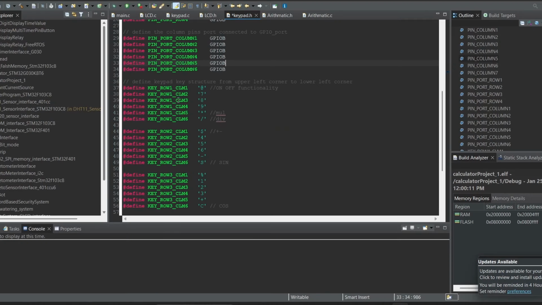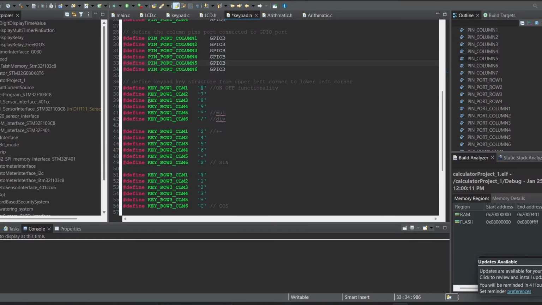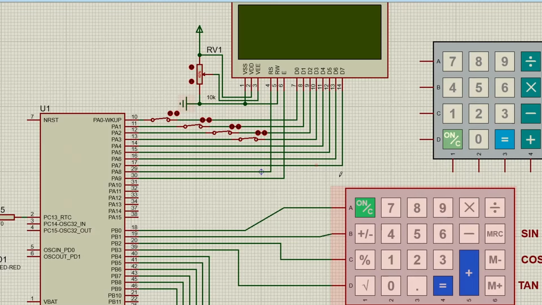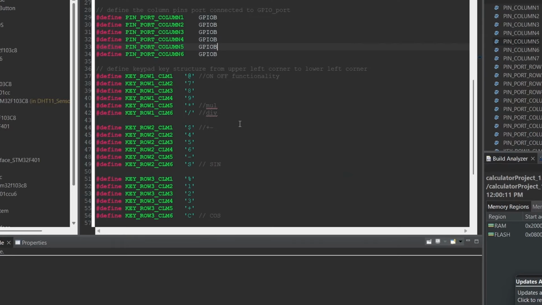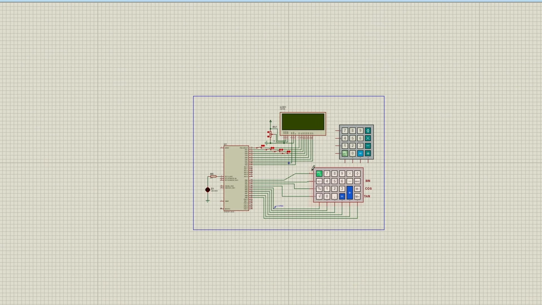From row 1, column 2, 3, 4 we have 7, 8, 9, then multiply and divide. For on off functionality we have added a new symbol, the at the rate symbol, or we can use any other symbol.